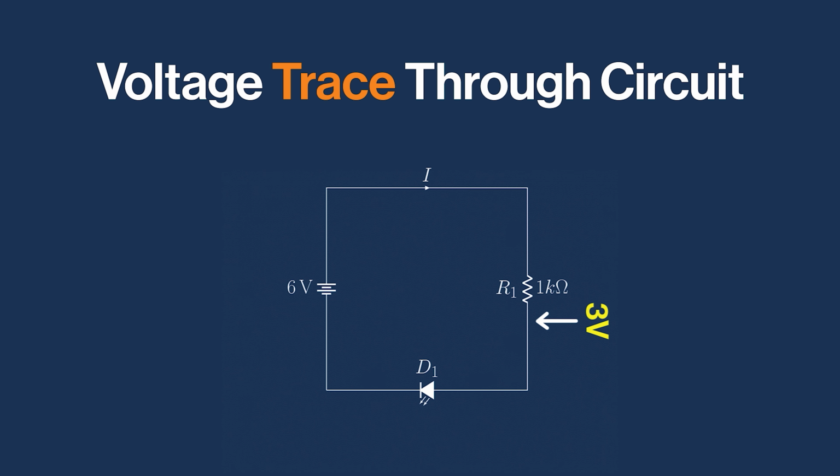And let's say the voltage drops from 6 volts to 3 volts. Then it reaches the LED, another voltage drop. Current returns to the battery at ground, meaning 0 volts, and then it goes up the positive terminal of the battery and regains energy back to 6 volts. This keeps looping over and over and over again, and now we know the loop is complete.